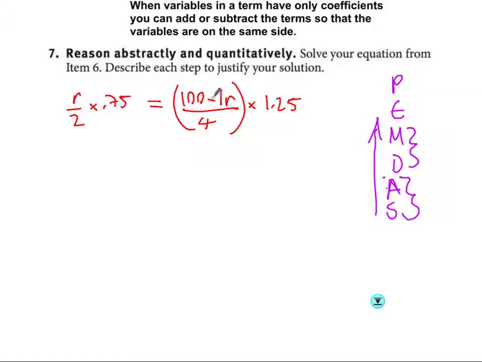You may say, well, we're subtracting inside the parentheses, but notice that parentheses is last. So looking for multiplication or division, we're multiplying by 1.25. So what we need to do is do the exact opposite, which is to divide by 1.25. So whatever you do to one side, you must do to the other.